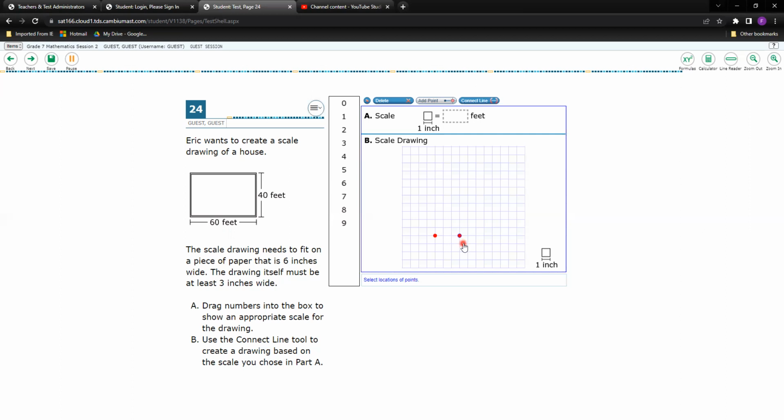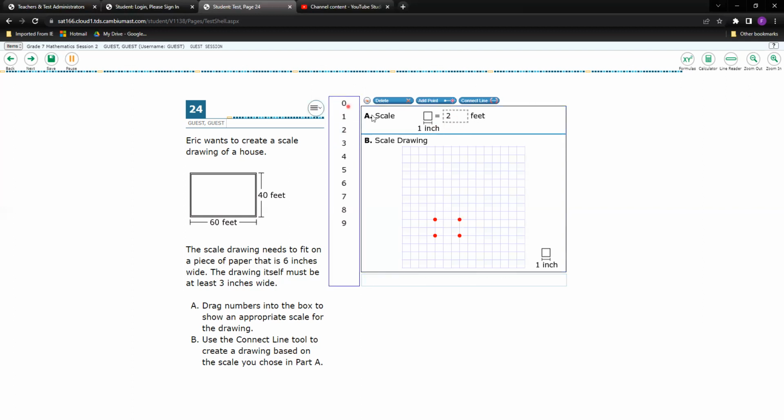Then 60 would be 20 each. Each little square would represent 20 as we go 20, 40, 60. And 40 feet would be 20 and 40. All right, this time I did make a rectangle. You can fill in the line later. The point being is that 1 inch is equal to 20 feet. So let me drag here. I think it's 2.